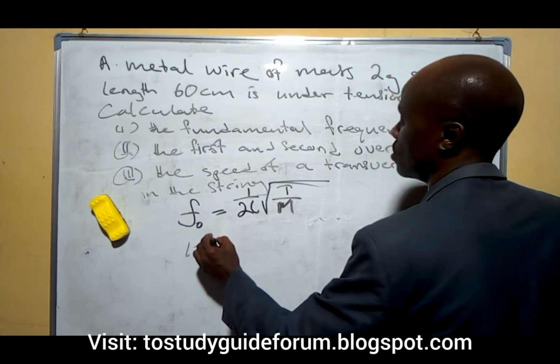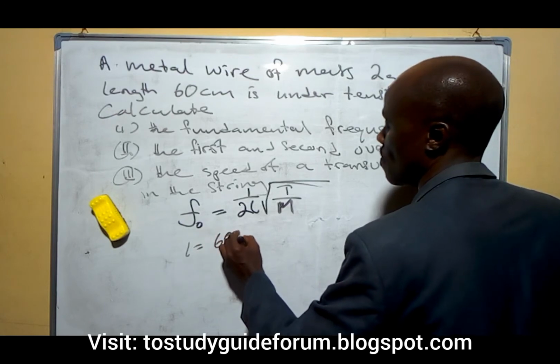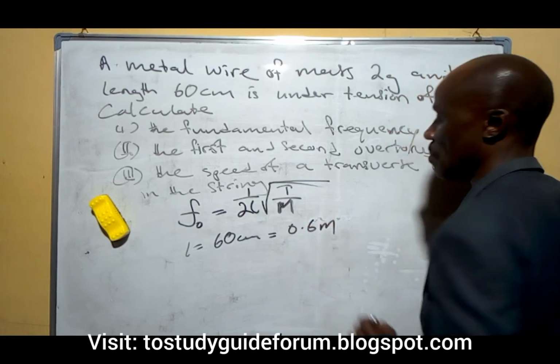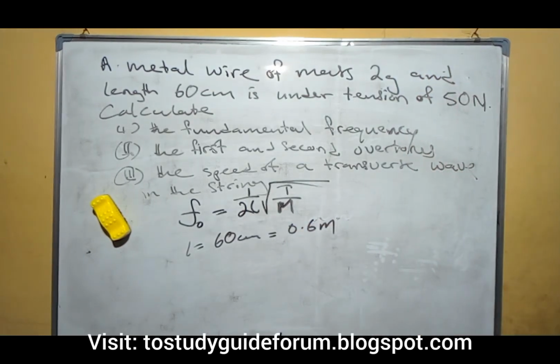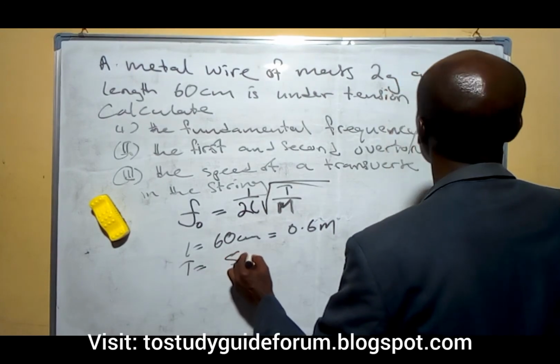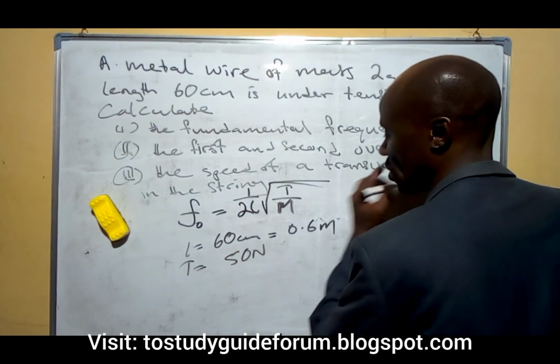The length is 60 cm, which is equal to 0.6 meter. And we have our tension. Our tension is 50 Newton.